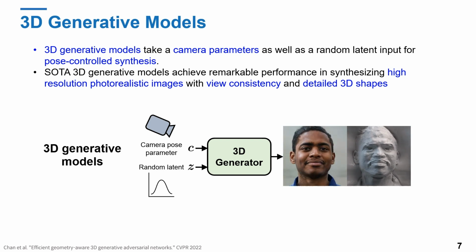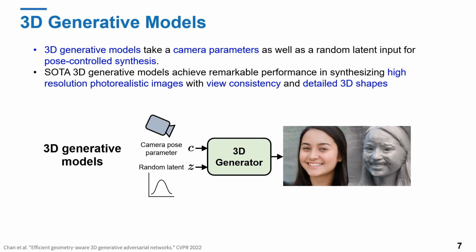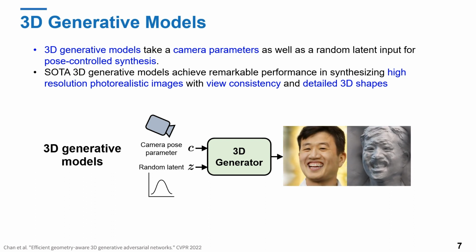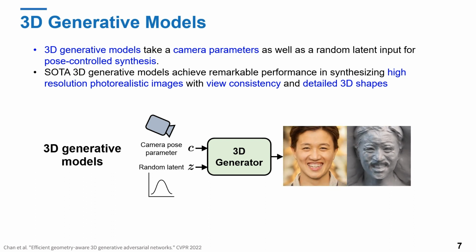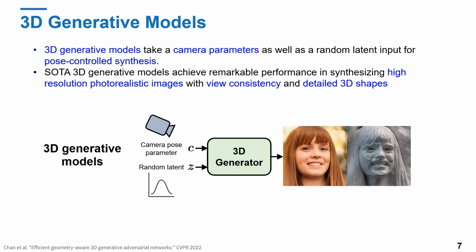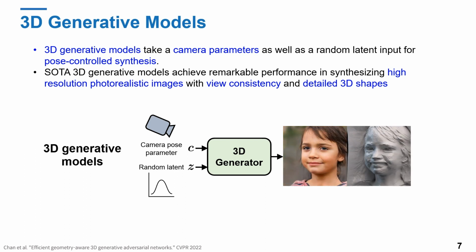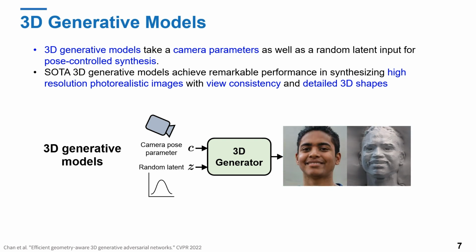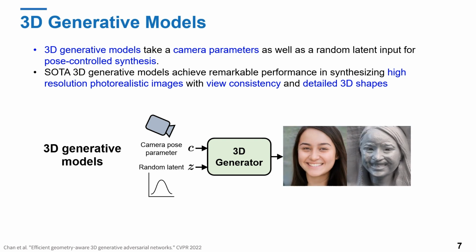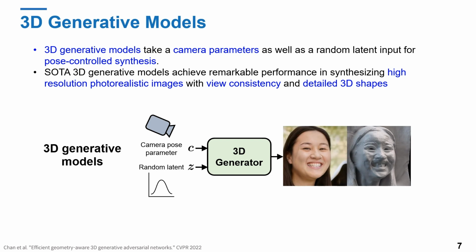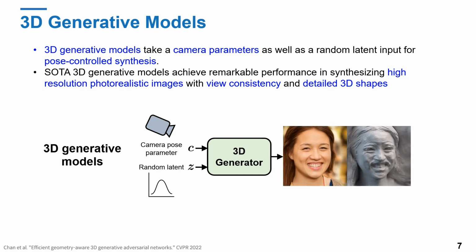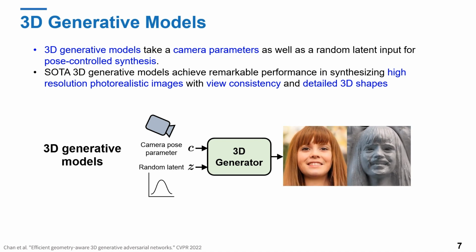Recently, there has been a growing interest in creating 3D content to build high quality virtual reality and metaverse. To achieve this, 3D generative models that take camera parameters as well as random latent input for pose-controlled synthesis are proposed. SOTA 3D generative models achieve remarkable performance in synthesizing high-resolution photorealistic images with view consistency and detailed 3D shapes.